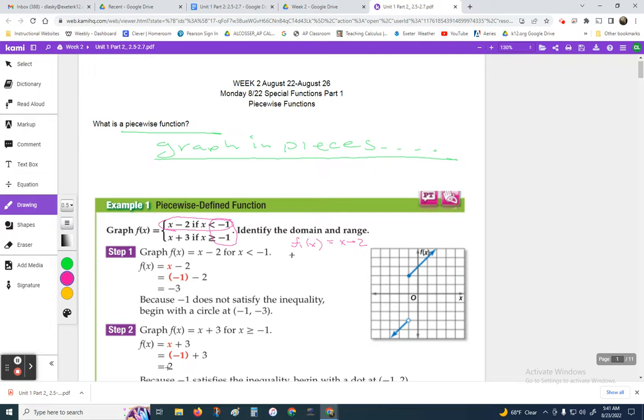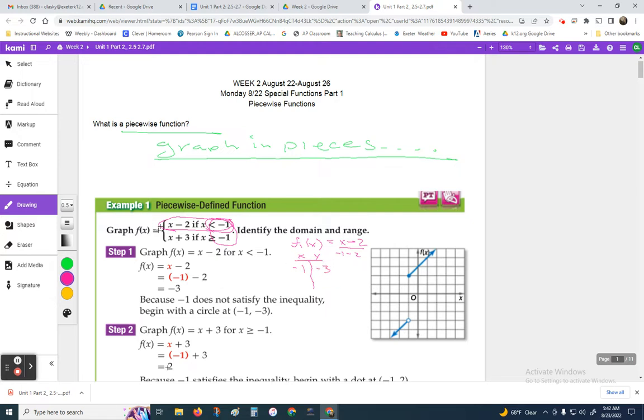So if I do an input output table, I just make my little T right here, and I say, okay, my first number I have to put in is -1. Here's my x, here's my y. If I put -1 in, I get -1 minus 2, which is -3.